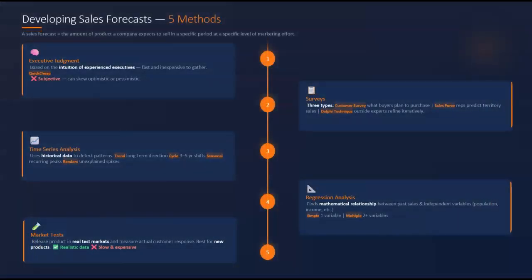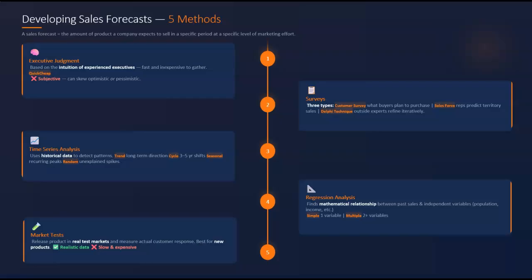Developing sales forecasts. There are 5 methods. You can do executive judgment, which is based on the intuition of experienced executives. This is subjective, so keep that in mind. Use surveys, and time series analysis using historical data, analyzing it from, let's say, 5 years ago till now. Regression analysis, a mathematical relationship between past sales and independent variables.